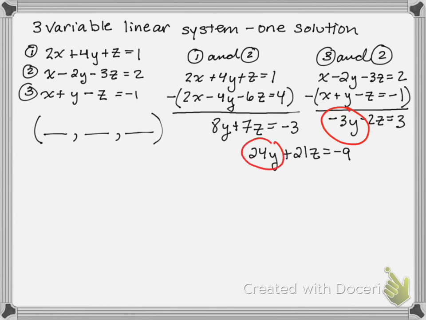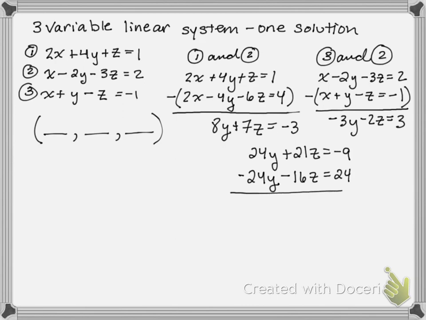So here I've got a 24y, so if I multiply everything by 8 I'll have a negative 24y with that. So multiplying the second equation, I get negative 24y minus 16z equal to 24. Now I'm going to combine these.